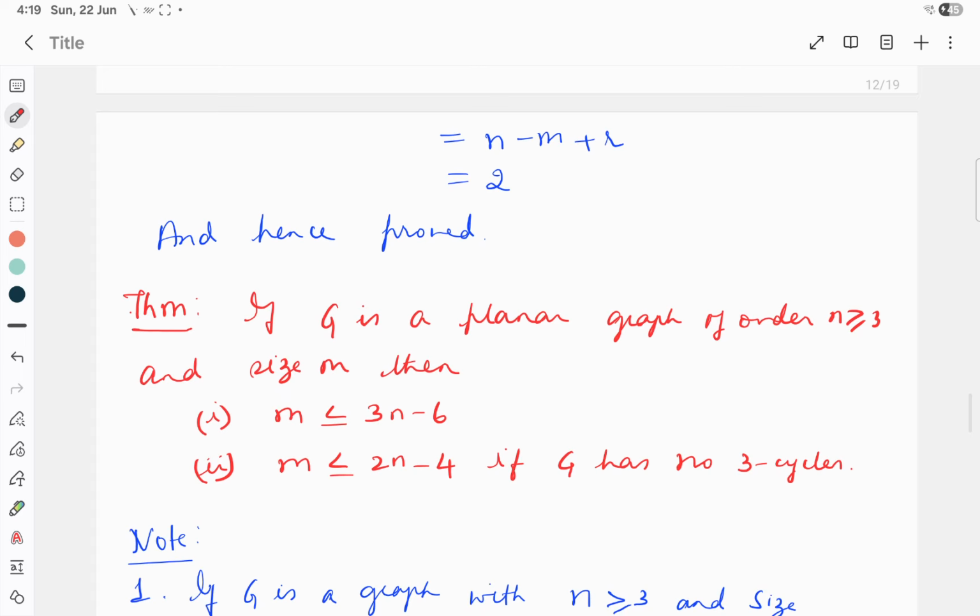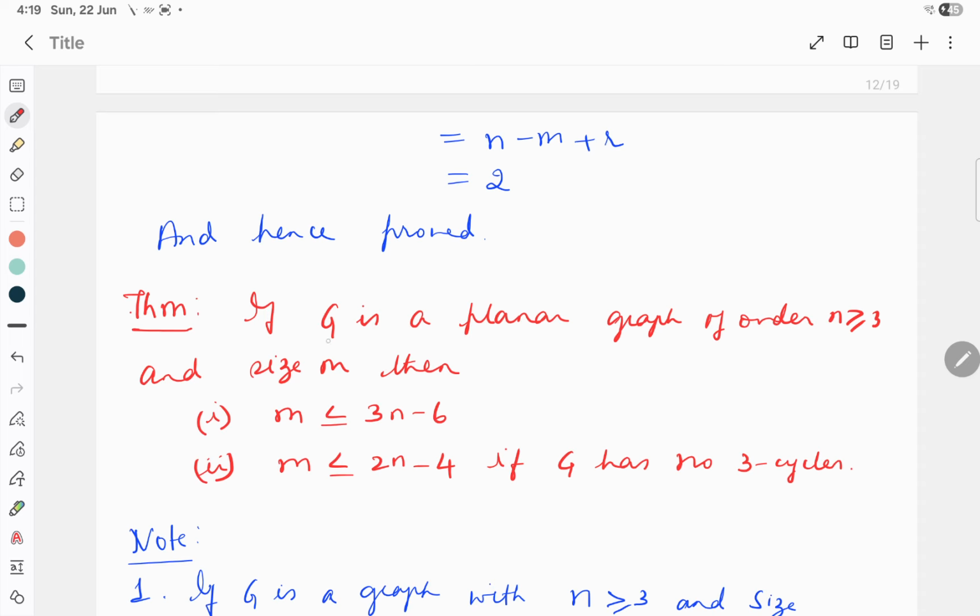We also have theorems which give the condition for the planar graph. Okay. So if G is a planar graph of order n greater than or equal to 3 and size m, then m is less than or equal to 3n minus 6.